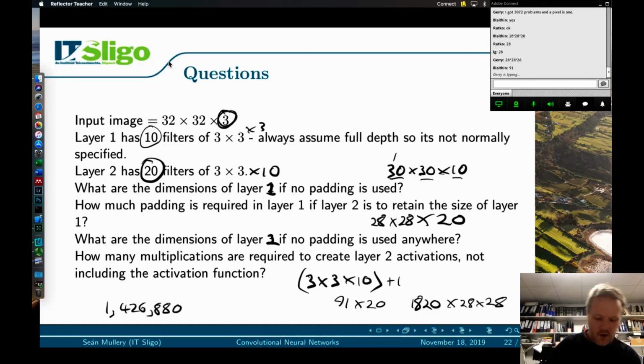So almost 1.5 million multiplications are going to be required for it to create that full activation layer at the output. So it needs 1820 parameters to do it, and it's going to reuse those 28 by 28 times, so that overall it'll be 1.4 something million multiplications that are required.